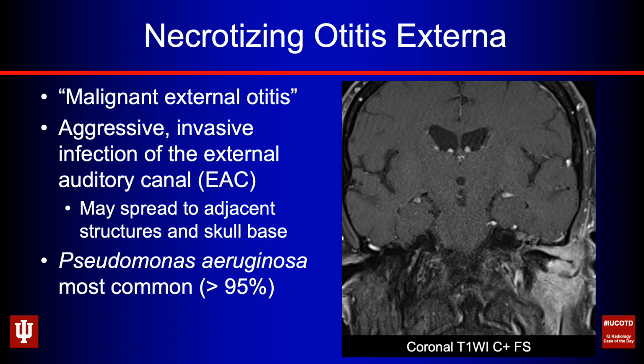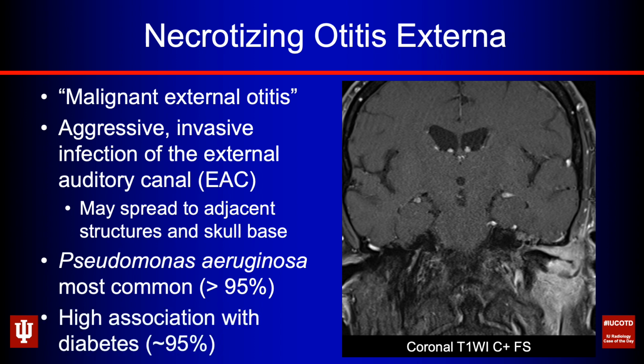So again, the dynamics of the patient populations that you serve will dictate the frequency in which we see it. But in general, these are diabetic patients, okay? And so part of the management is that these diabetics need to get their blood sugar under control as part of the treatment strategy.